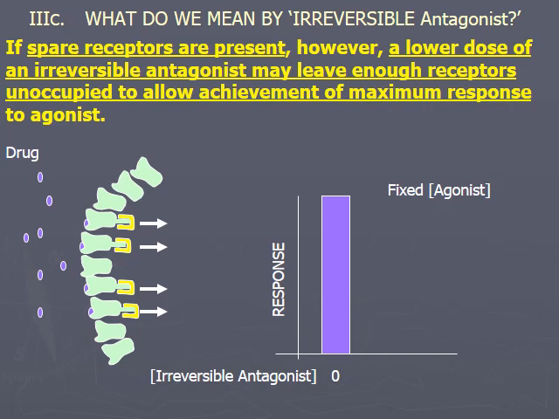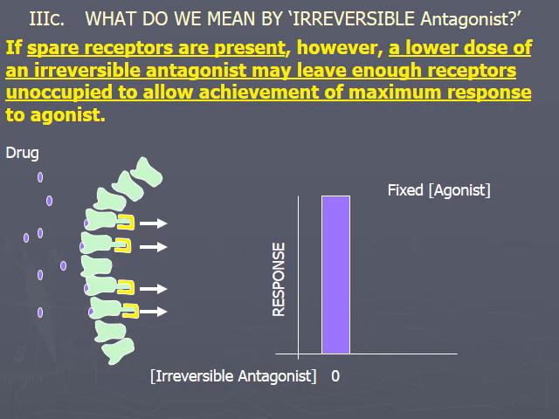And usually the Bmax corresponds with your Emax. So usually the concentration of drug that binds all the receptors corresponds to the concentration of drug that gives you maximum effect.